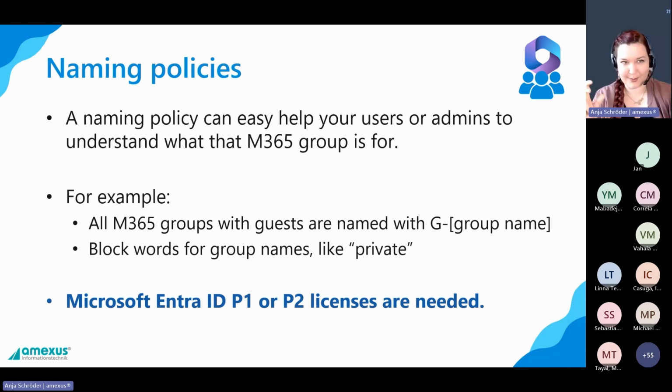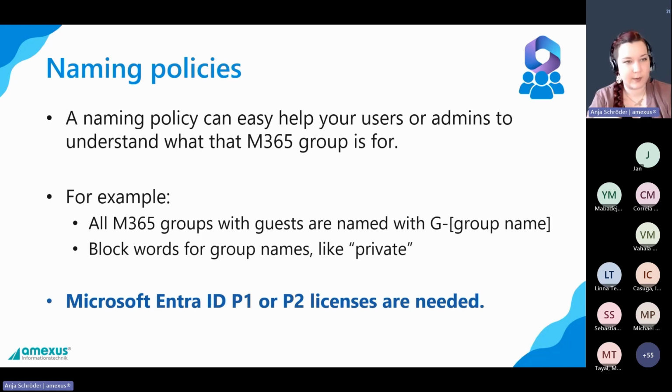Only the name, not the group itself. But often you don't want all your groups to start with one character like G or E or whatever. You want to be more specific.